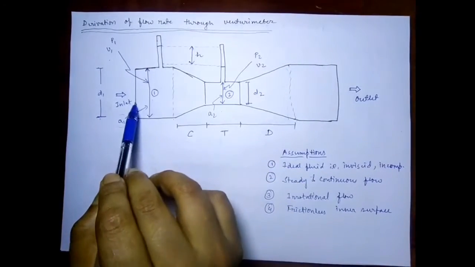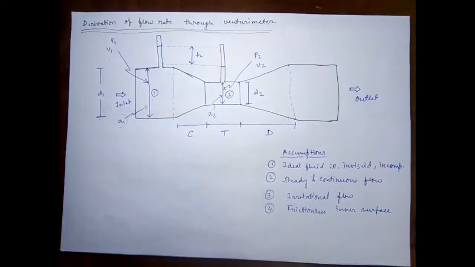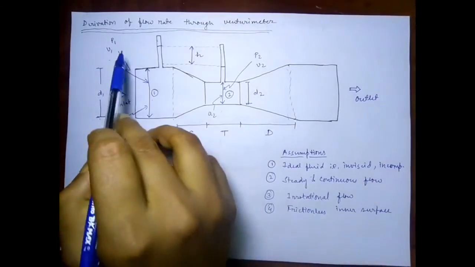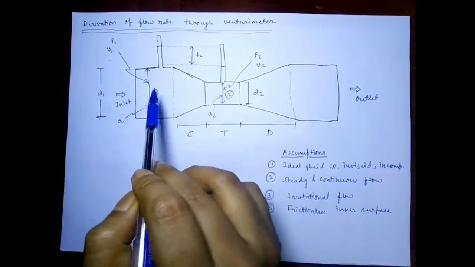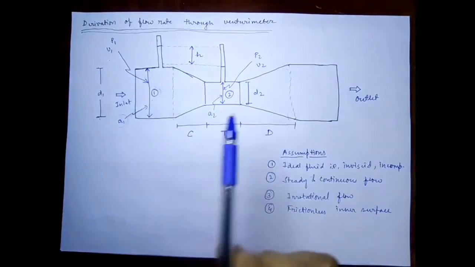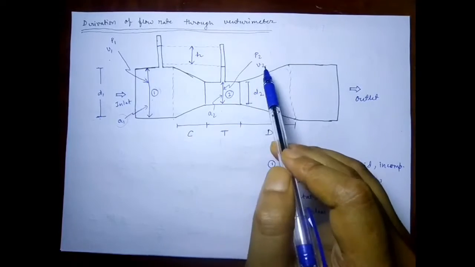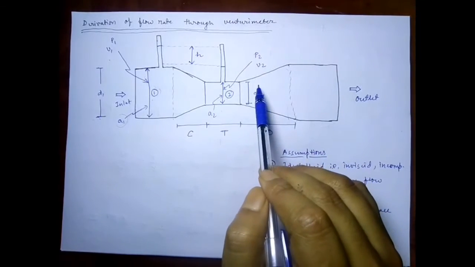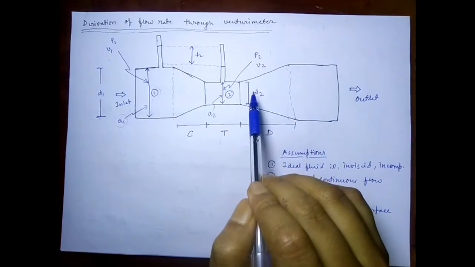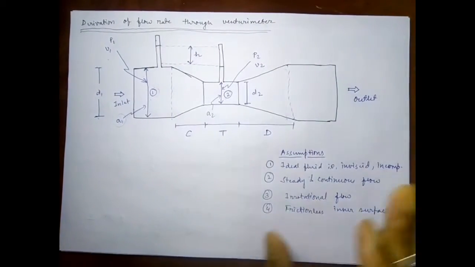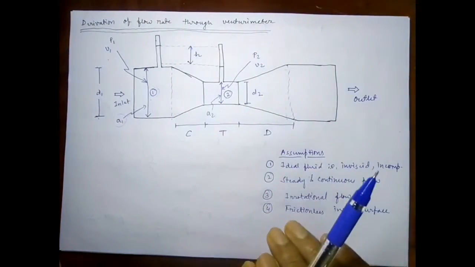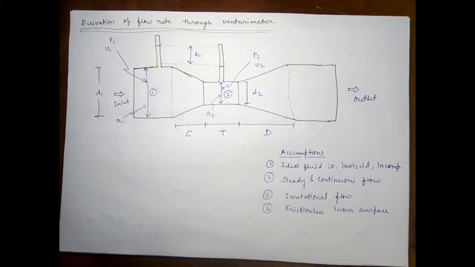And as these are two different cross sections, the pressure and velocity at cross section 1 are P1 and V1, and the pressure and velocity at cross section 2 are P2 and V2. So while deriving this, you should write all these particular terms. And now this derivation is based on Bernoulli's theorem.